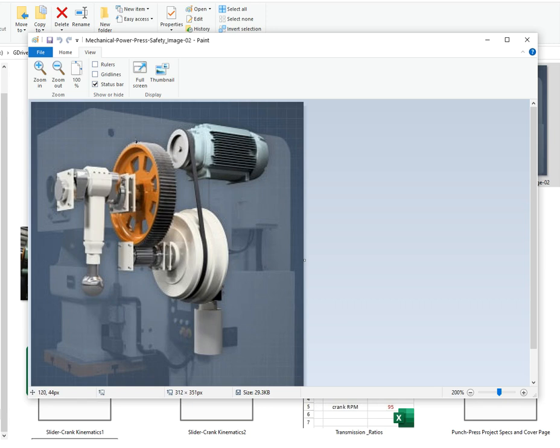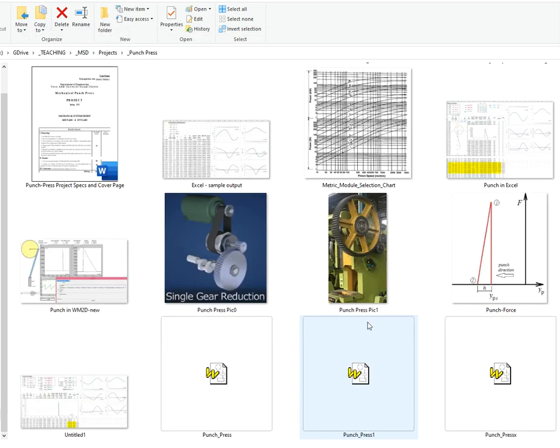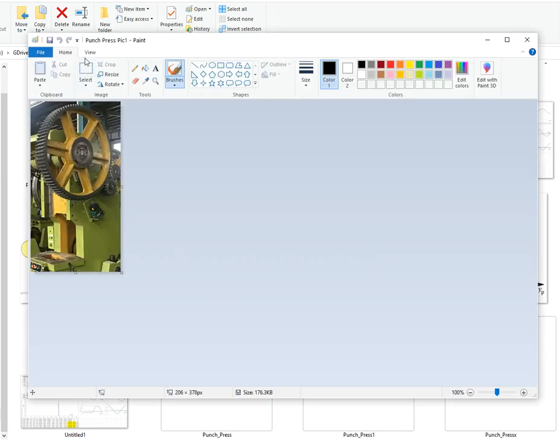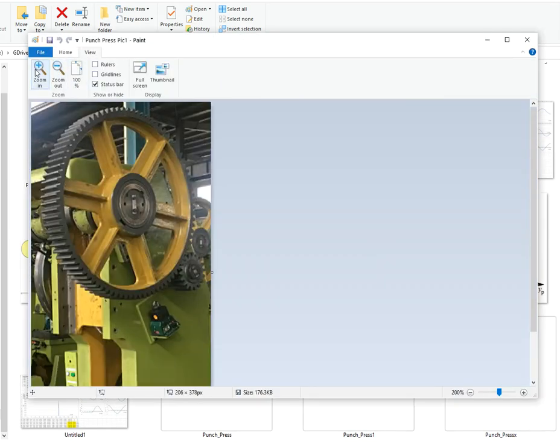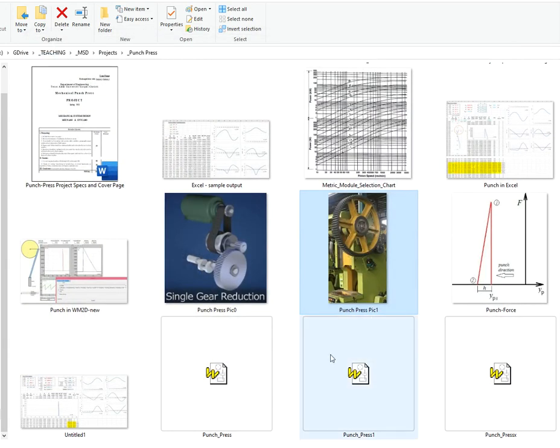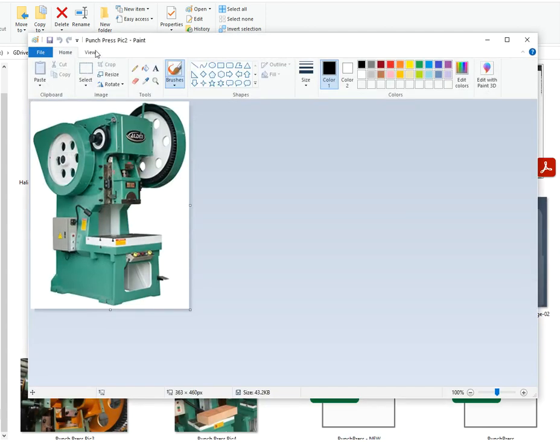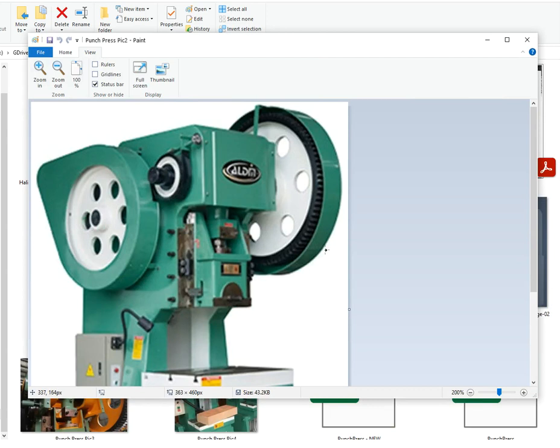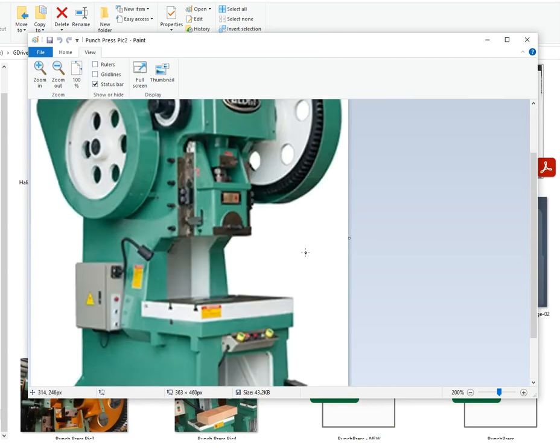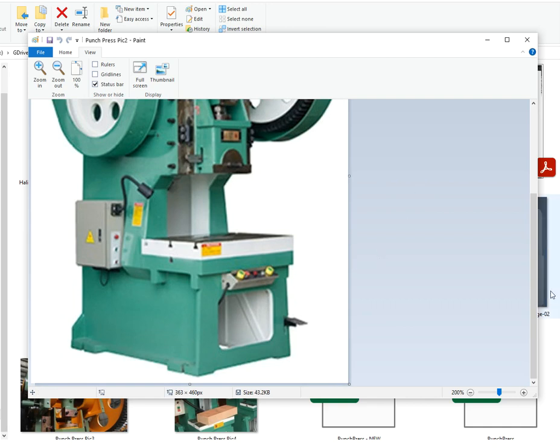I said 3-phase, not single-phase motor. Let's see, is this one where we can see the motor view? No, the motor is on the other side. But I'm sure you'll be able to find by Googling additional photographs of or documentation for punch presses relevant to your project.